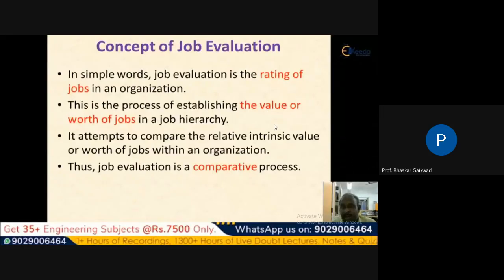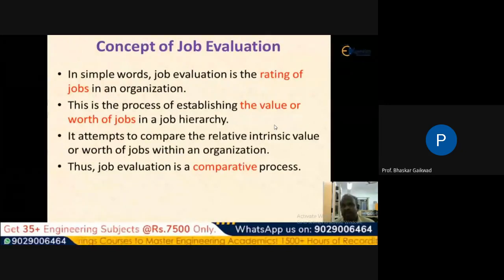I should know that. Then I should find ways and means to eliminate the least worthy jobs. So this is a process of establishing the value or worth of jobs in the job hierarchy. It compares each and every job and says the worth of each particular job.